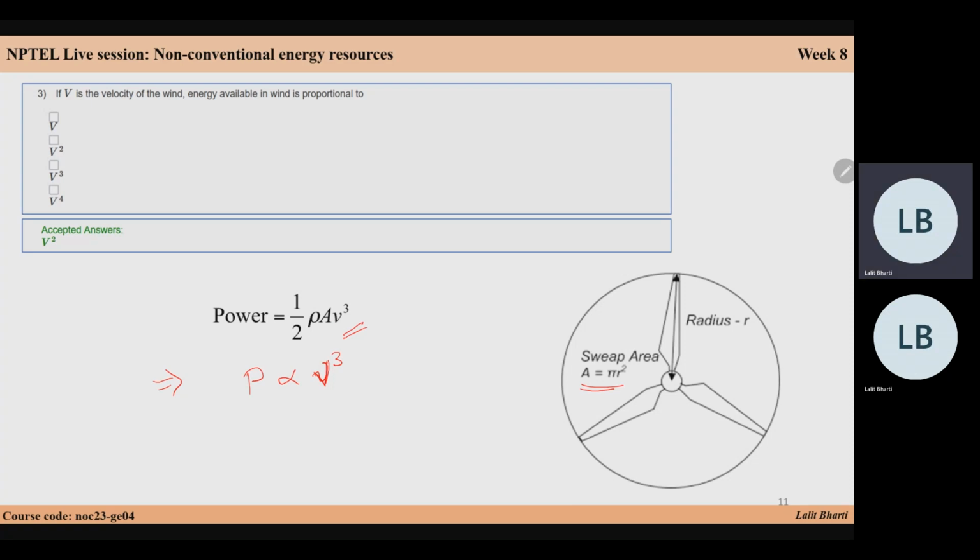You can also get the energy from the power. If we remember the basic relation between energy and power, energy is basically the integral of power.